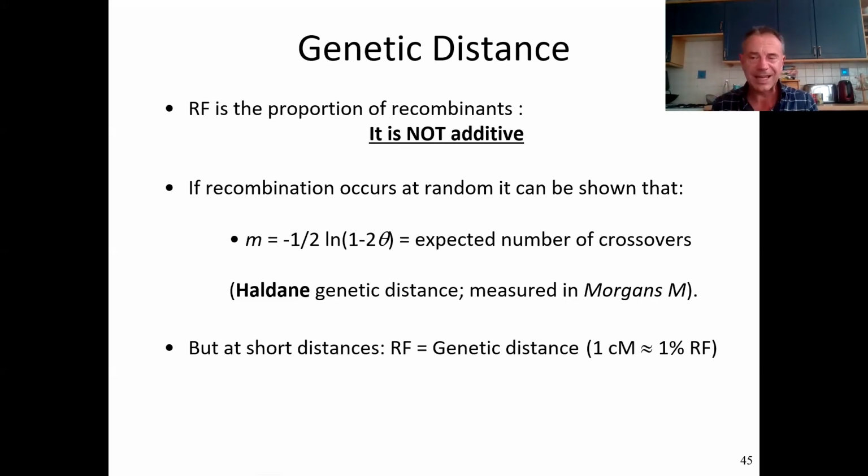So 1 million DNA bases, loosely speaking, is a centimorgan, which is loosely speaking a 1% recombination fraction, or recombination probability. If you have two loci which are a centimorgan apart, the probability of getting a crossover between them is about 1 in 100. That's really helpful to get an idea of the resolution of linkage mapping.